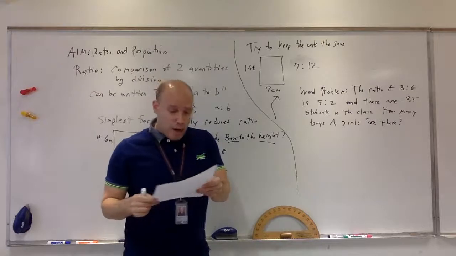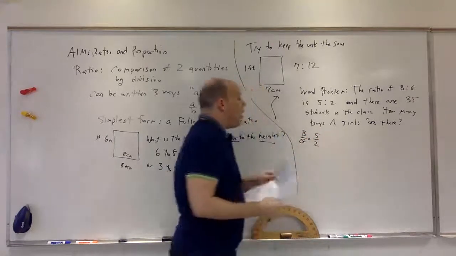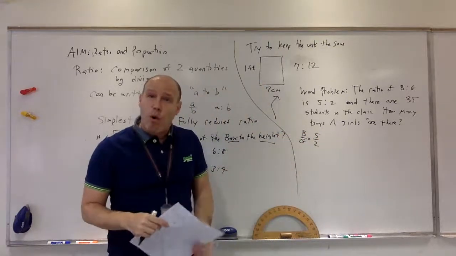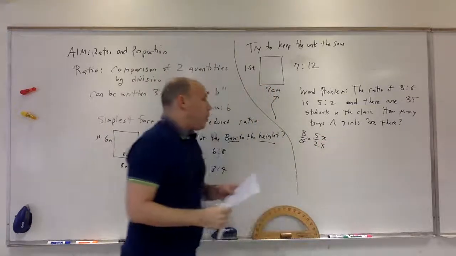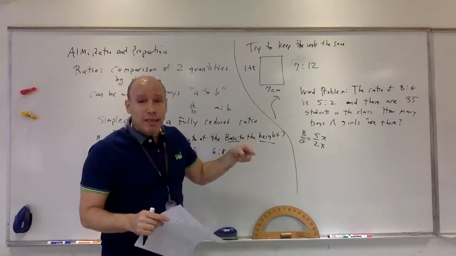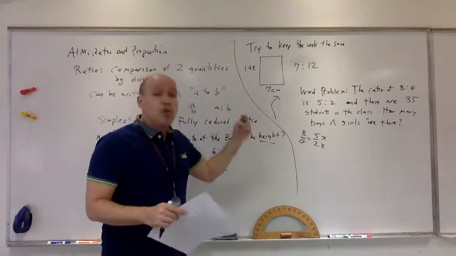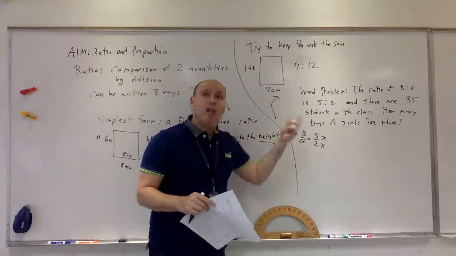So you might write, okay, boys over girls is 5 to 2. But remember, this might already be in simplest form, so it might be a multiple. For example, it might be 10 and 4, 15 and 6, 50 and 20. But we don't know what it was before it got reduced to 5 over 2.